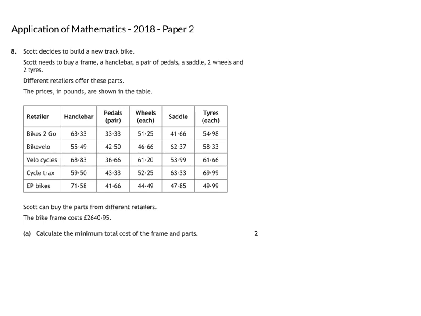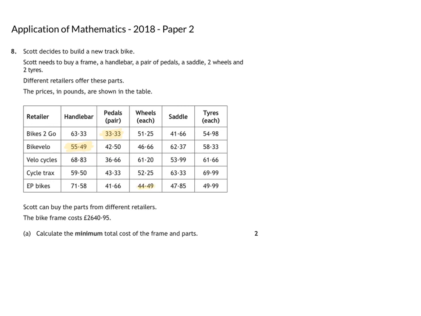So we're going to have to go through and work out what the lowest value for each different thing is. So the frame, the cost we already know. The handlebar, so we're going to look for the cheapest one. Looking in our handlebar column, our cheapest option is this one here, £55.49. We need a pair of pedals, so careful here, it does say that it is a pair. So the cheapest possible pair of pedals is Bikes to Go. Wheels is the next thing in our table, and the wheels are each, so we need to be careful and remember that we're going to have to double that.